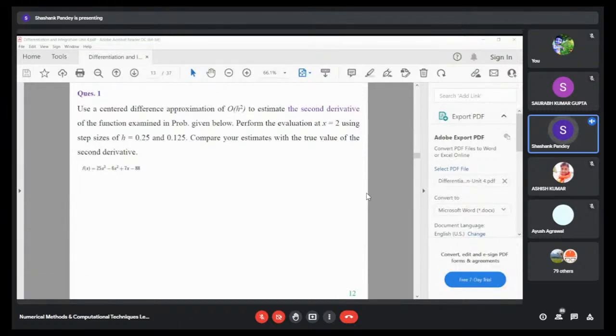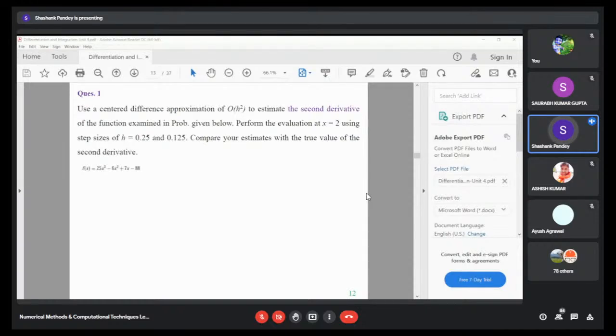Look at the formula. That is x i plus 1. What will be i plus 1? Who can tell me i plus 1 when h is equal to 0.25? 2.25. That is i plus 1. Okay.